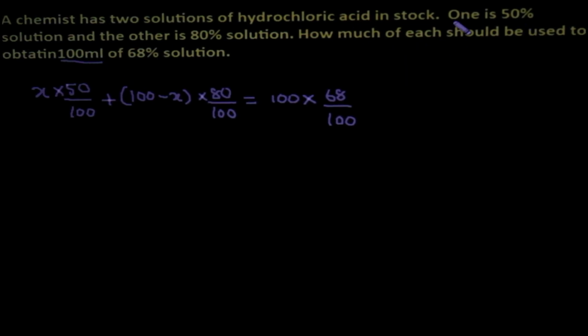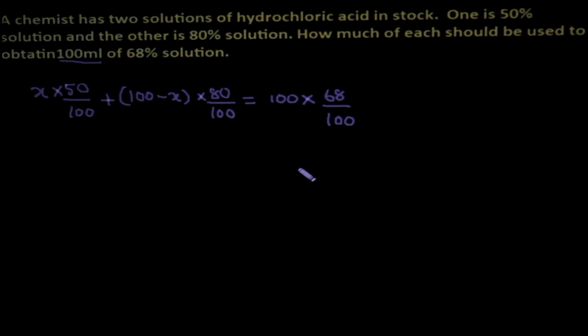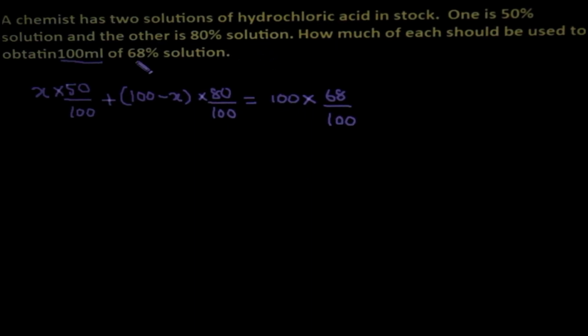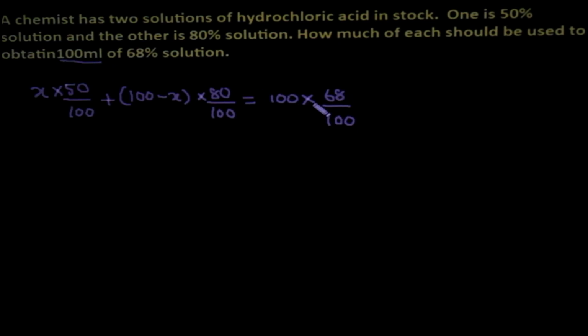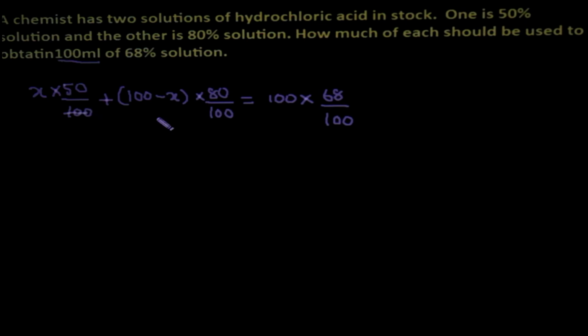Here 50%, therefore x into 50% plus the remaining 100 minus x at 80%, total 100 ml of 68%. Cancel the denominators.